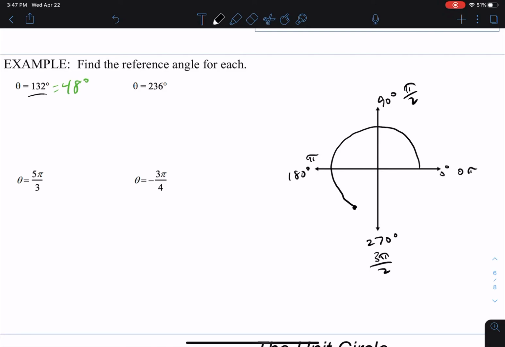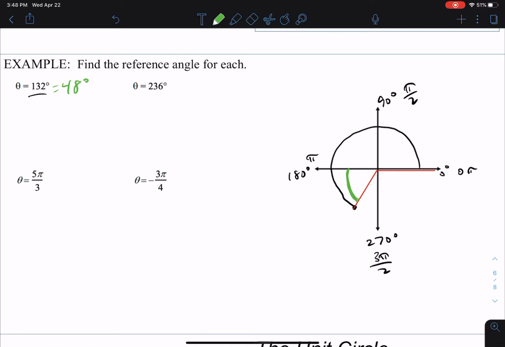Okay, so let me draw the angle. That's the angle. The black represents the actual angle. Now the reference angle is from that angle back to the x-axis.